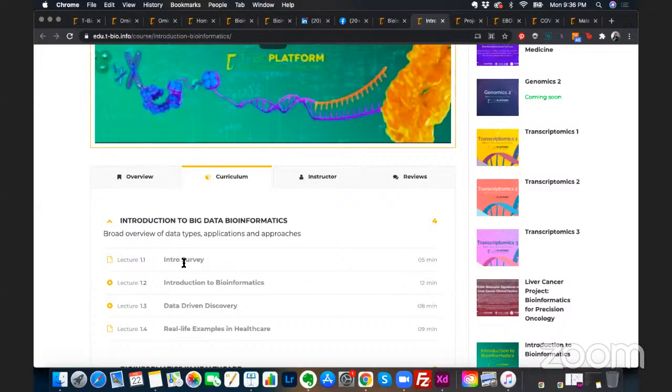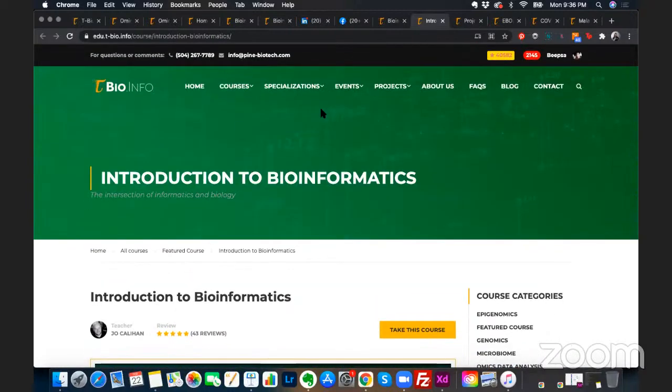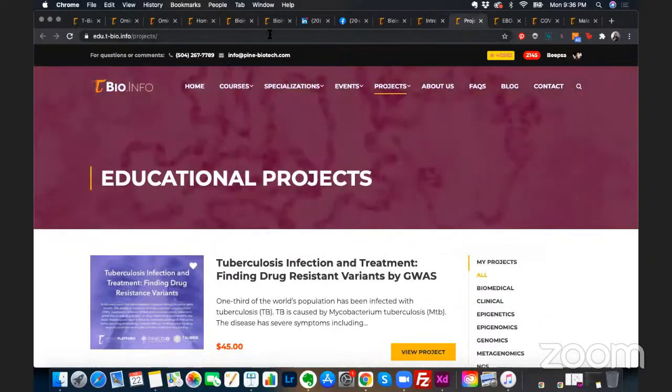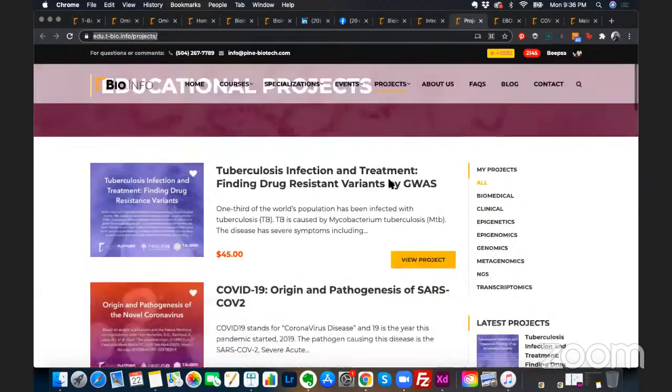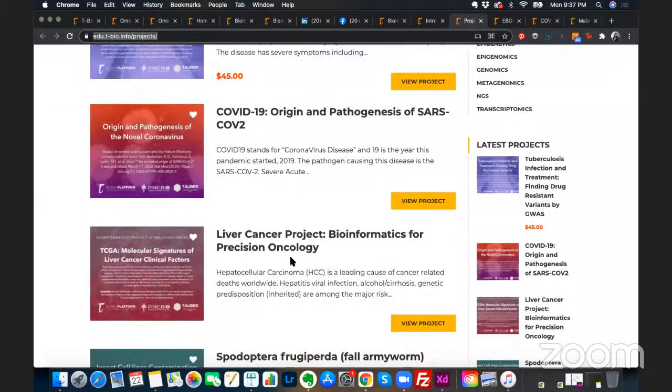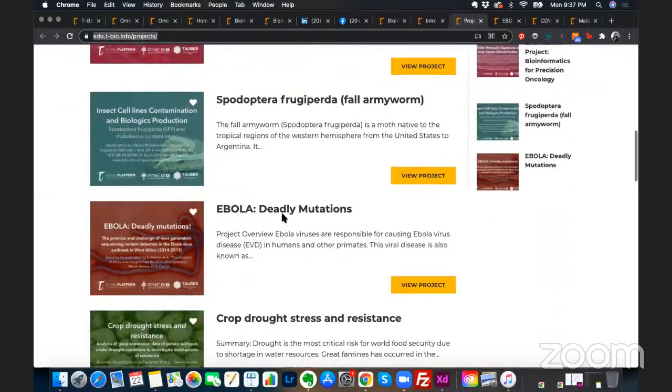So the next step is to find the project. If you click on this column in the projects, it will open up to this tab. These are the projects that Dr. Harpreet has been showing you. So let us see the projects which are there. We discussed tuberculosis, COVID-19, the Ebola project, and here are the direct links.